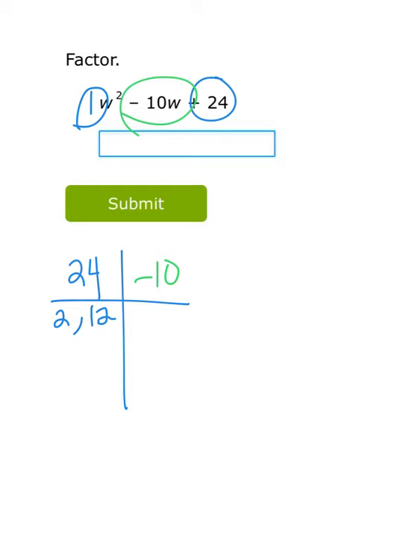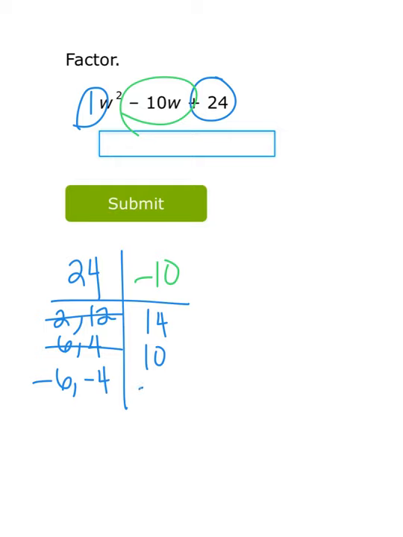Maybe. Let's keep thinking of some more. 6 and 4. That could definitely add up to 10. So let's stick with 6 and 4 because I know 2 plus 12 is 14, so we're definitely not going to want that for now. 6 plus 4 equals positive 10, but we want it to equal negative 10. So in order to do that, I know that both of these factors have to be negative because negative 6 times negative 4 equals positive 24.